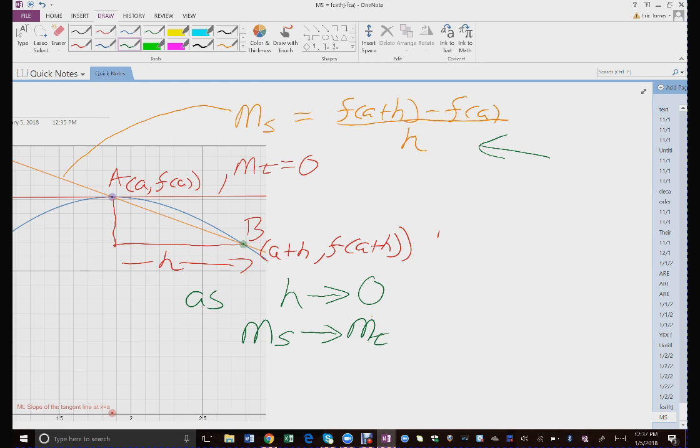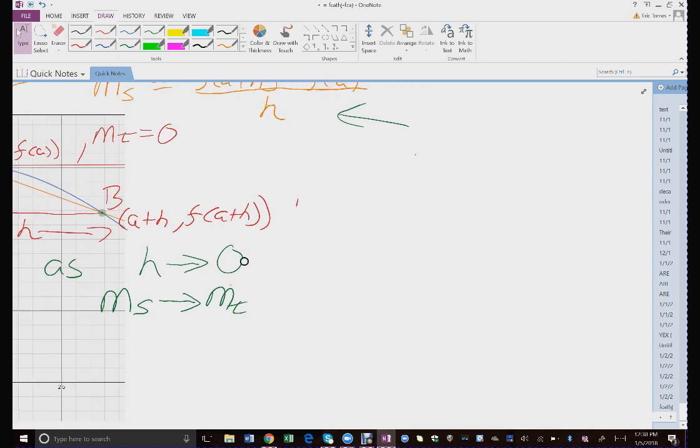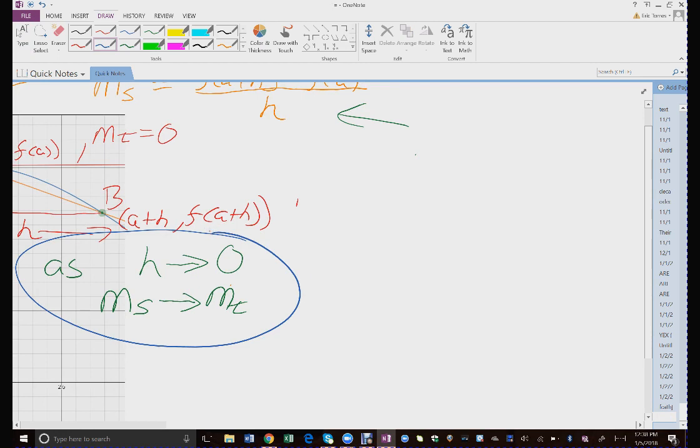This is the idea of a limit. So we're going to modify this to a slightly different way of representing that same statement. I'm just rewriting it with a little bit more formal notation. And again, this whole statement, as h gets closer to 0, the slope of the secant line gets closer to the tangent line, will now be written this way.